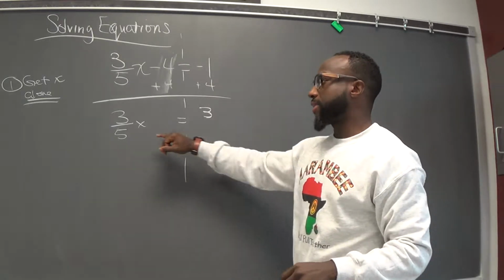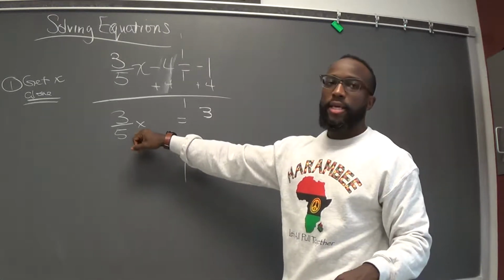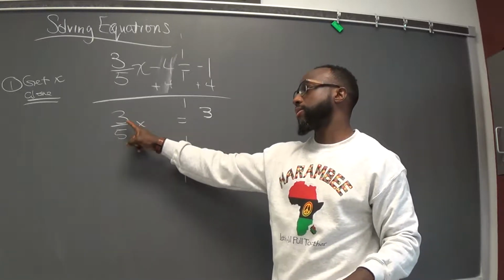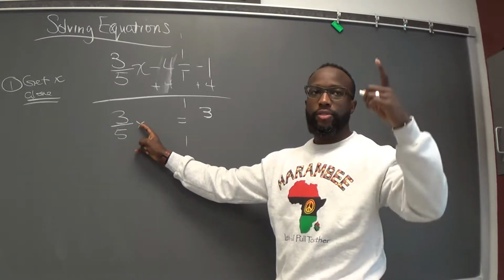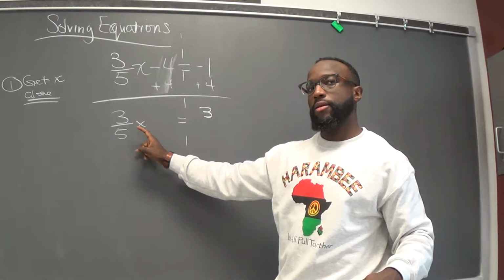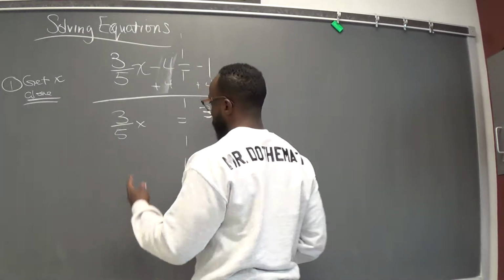Now, the next thing you want to do is get the x by itself by applying the inverse operation of whatever is attached to it. Since this is 3/5 x, what would you do, Matt? You would times it by 5 and then divide by 3. Okay, good.